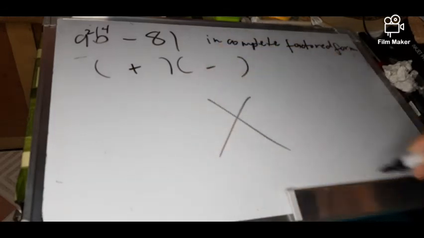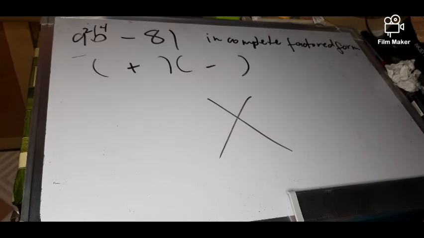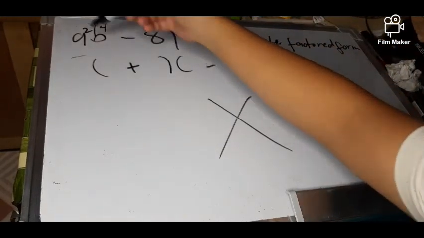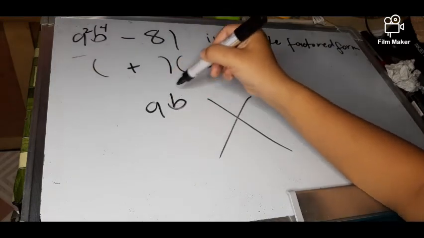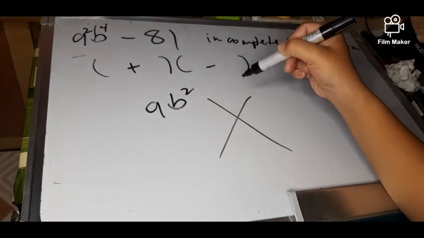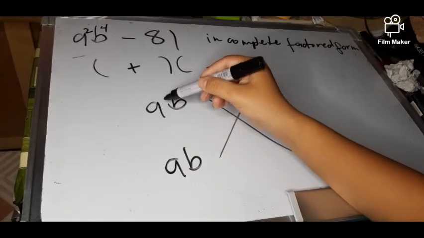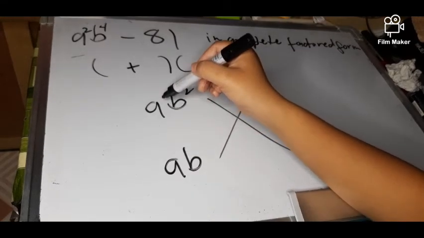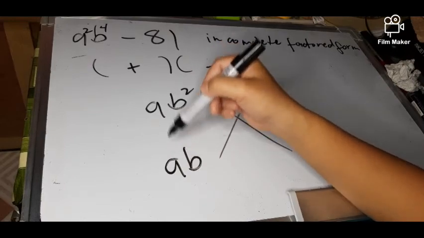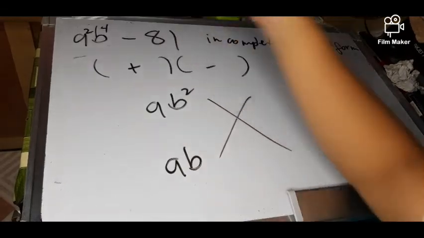So, using this, sa first term natin, paano i-factor yan? Dapat magkahiwalay lang. So, dapat a, b squared. Tama po ba? Dahil pag pinag-plus yung a plus a, a times a, yung exponent niya is 1 plus 1, a squared ang kalalabasan.